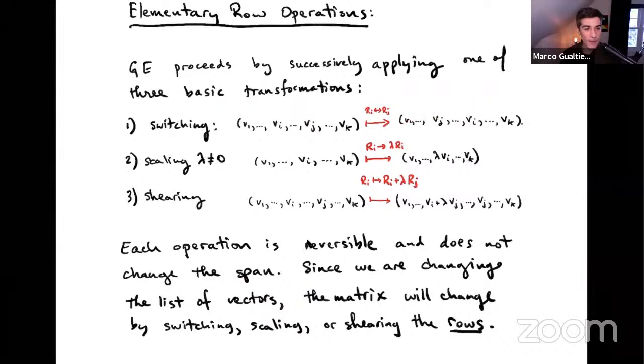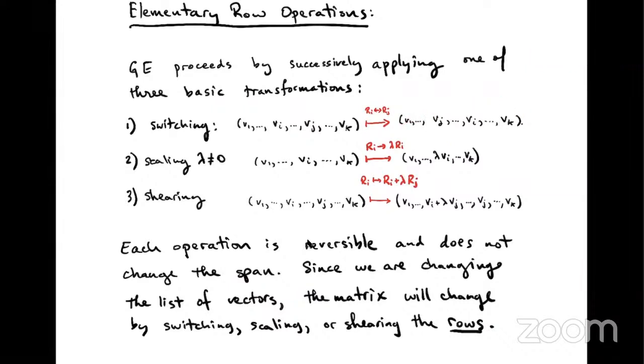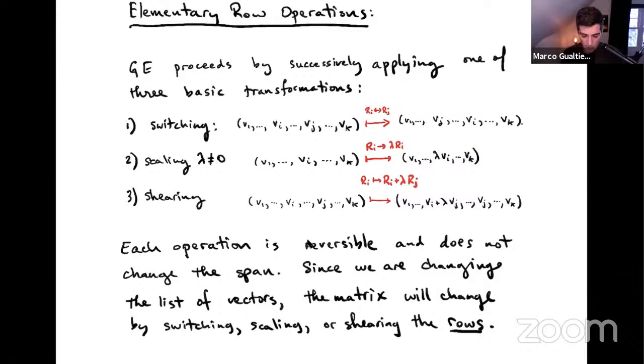And do they have to be consecutive? There are many operations depending on which i and which j you choose. If you wanted to switch the first two rows, then you would do the switching of R1 and R2. You could switch R1 and R3, R1 and R5, R3 and R6. Those are all the possible switching operations that I'm permitting you to use on your list.